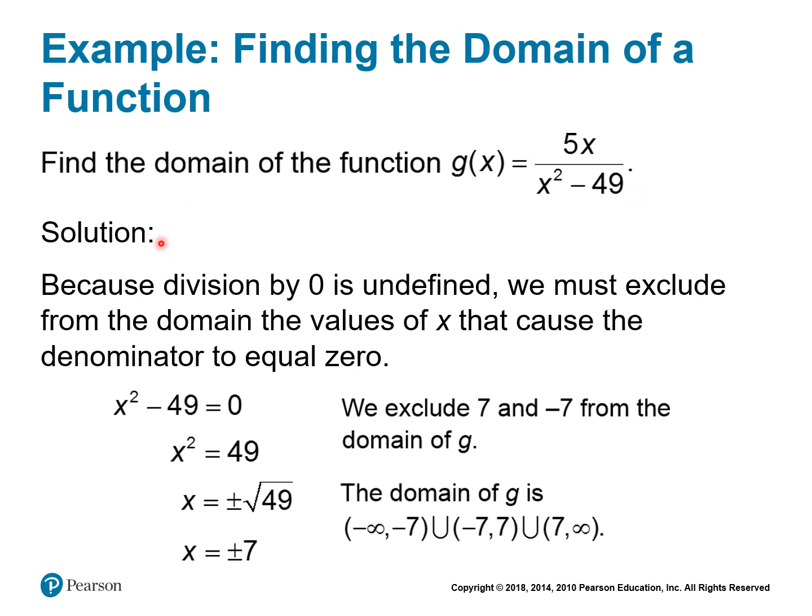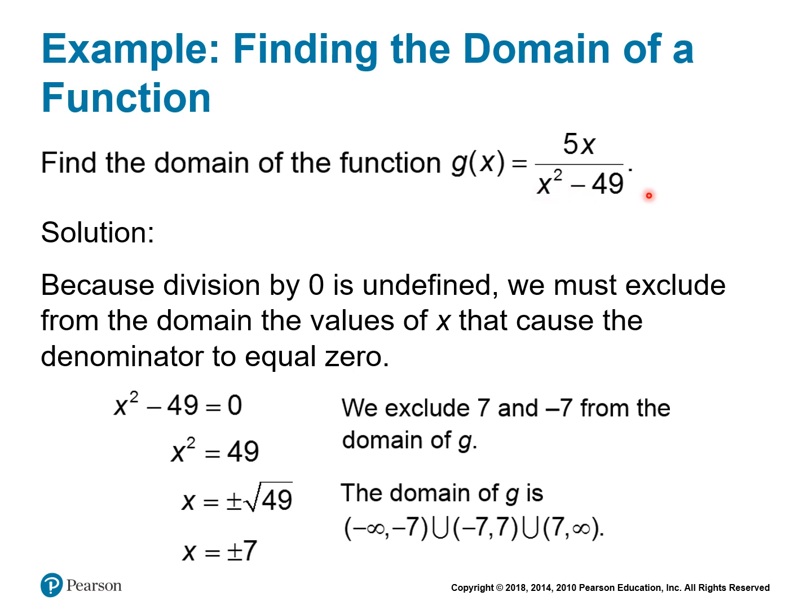So let's see how to work through that. They've given us the solution, but it says because division by 0 is undefined, it will not produce a real number for y, so we have to exclude those values. All right, so all you do is take your x squared minus 49, whatever is in the denominator, and just totally ignore the numerator, because the numerator is not a problem here.